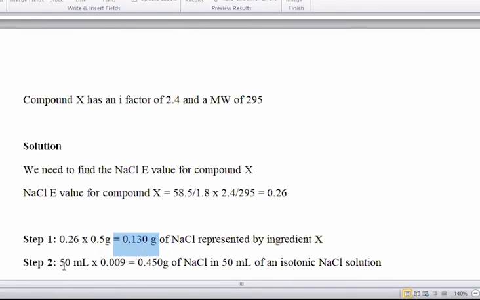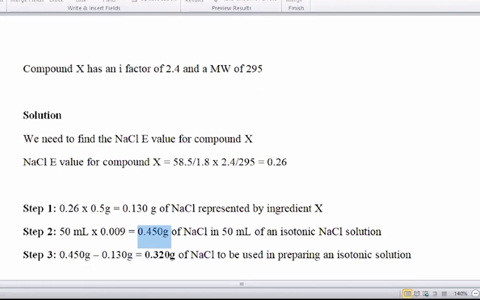Multiply by 50, you get 0.450. I don't want anyone to get lost here. 0.009 is our 0.9%. 0.9% gives 100 mL, X gives 50 mL. Find the answer there to give you 0.450 grams.